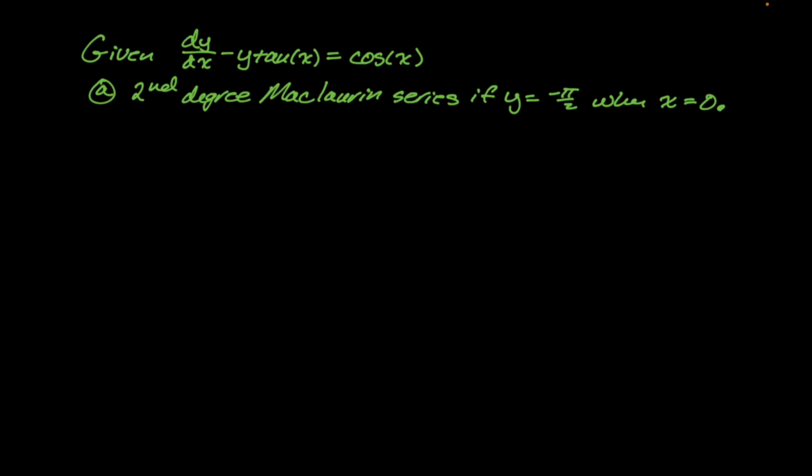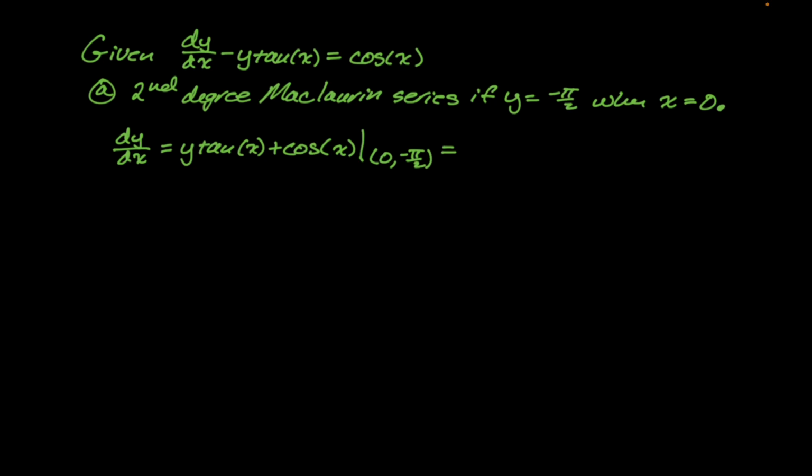So we're looking for the second degree Maclaurin series if y equals negative pi over 2 when x is 0. The first thing I'm going to do is rearrange our given to solve for dy/dx. So dy/dx is y tan of x plus cosine of x. I've moved over y tan of x. Then I'm going to evaluate this at the ordered pair 0, negative pi over 2.